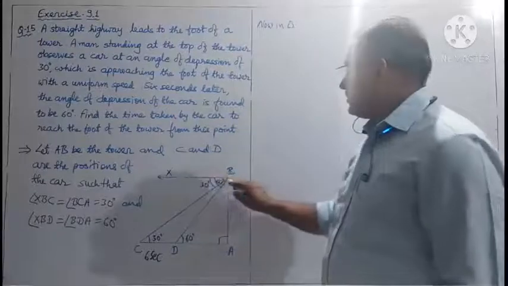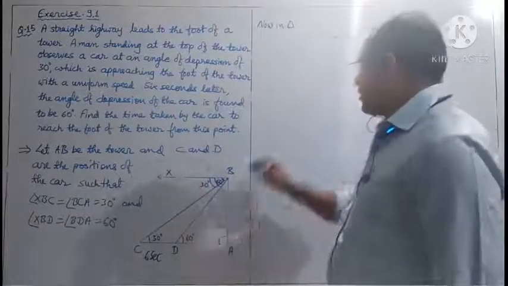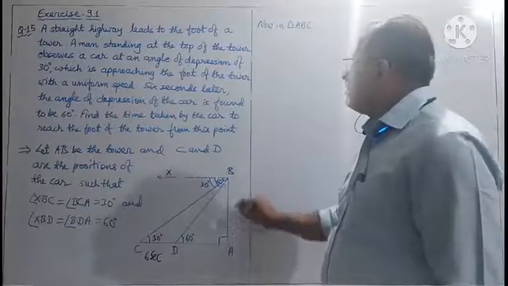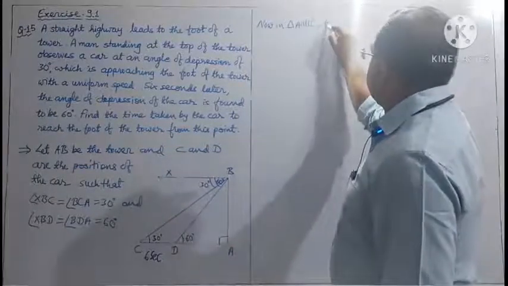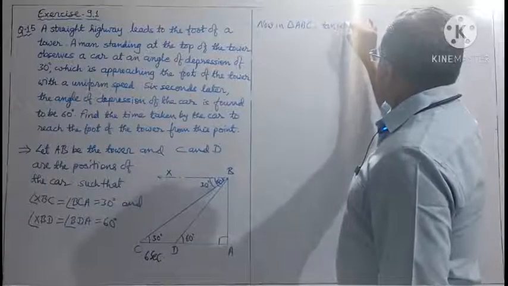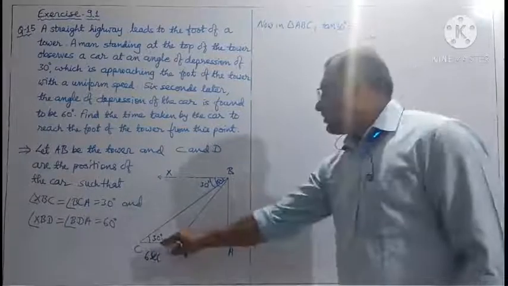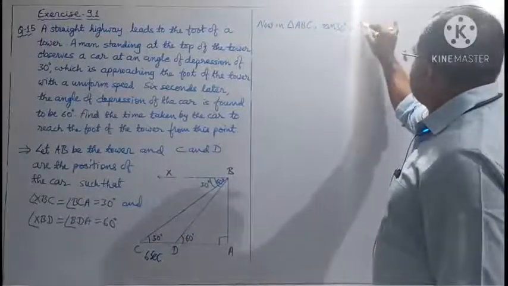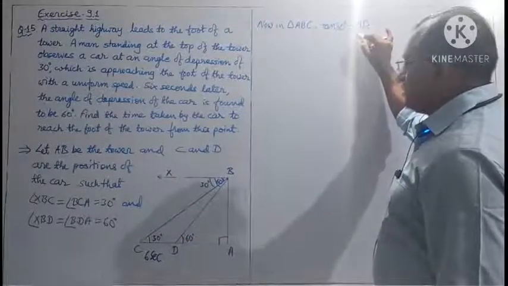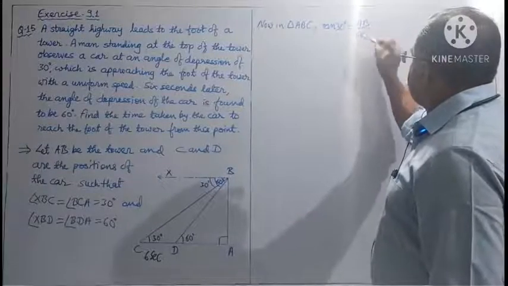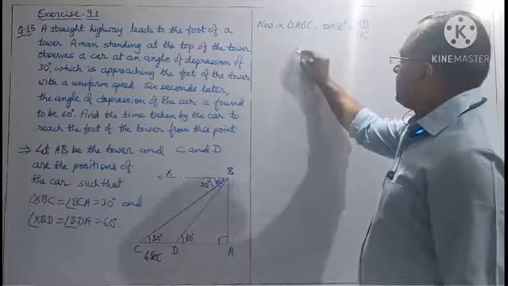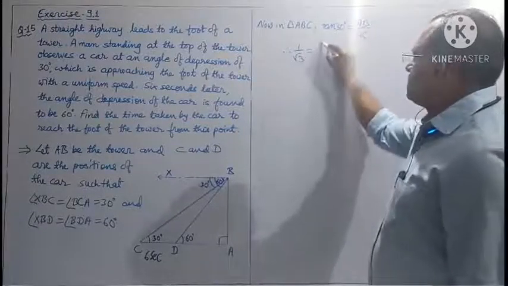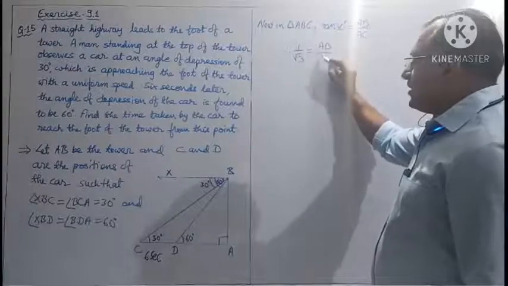Now in triangle ABC, tan 30 is equal to opposite side AB upon adjacent side AC. So tan 30, that is 1 by root 3, is equal to AB, the height, divided by AC.